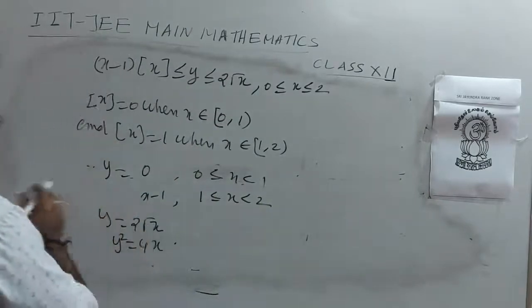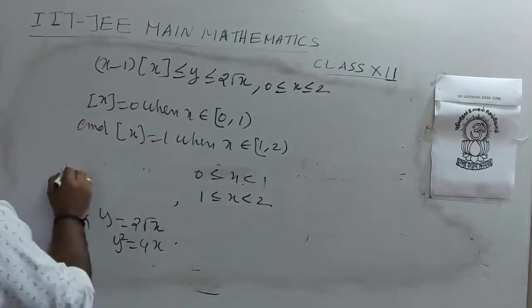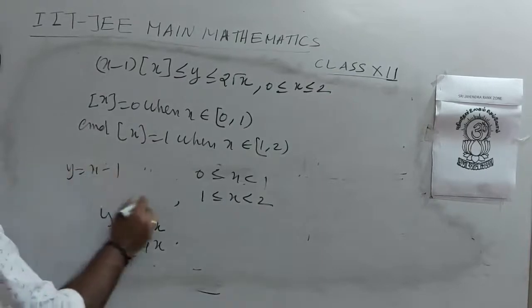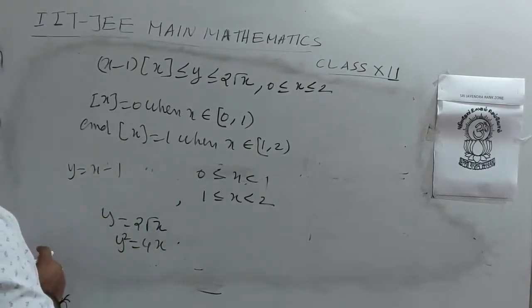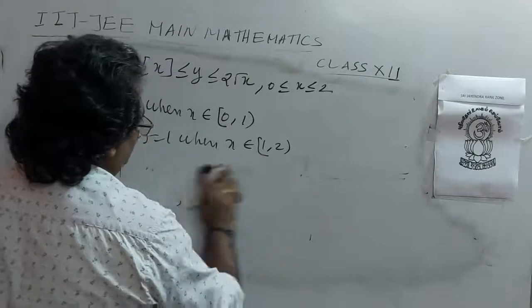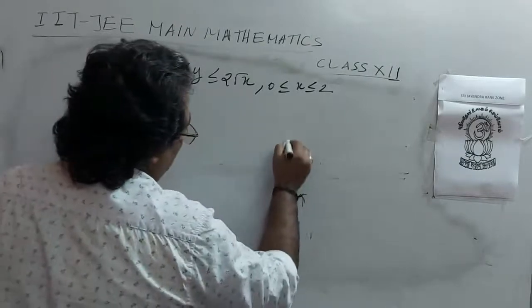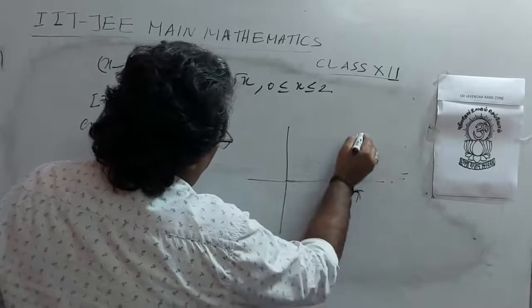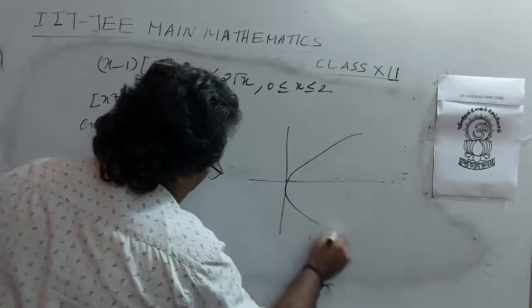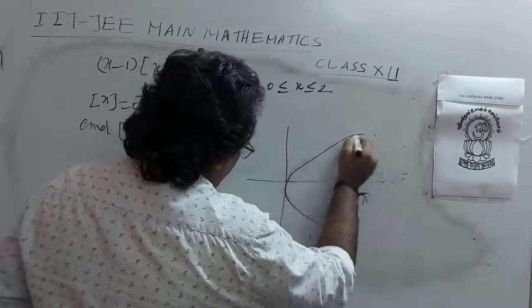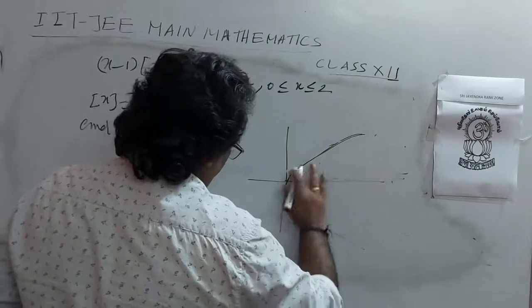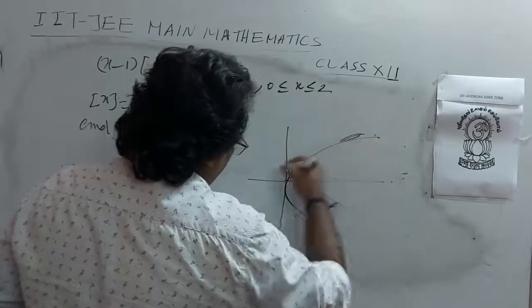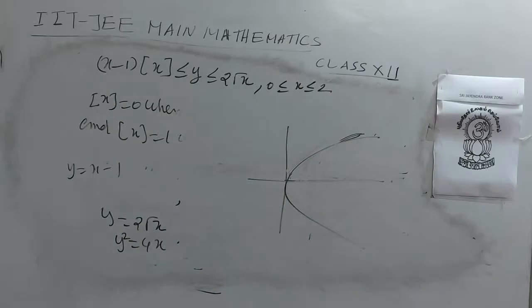Here y equal to x minus 1, x between 1 to 2. This is y squared equal to 4x.